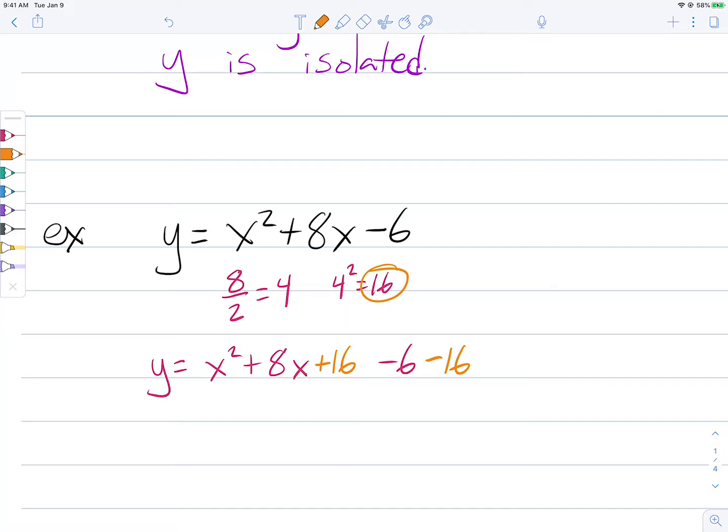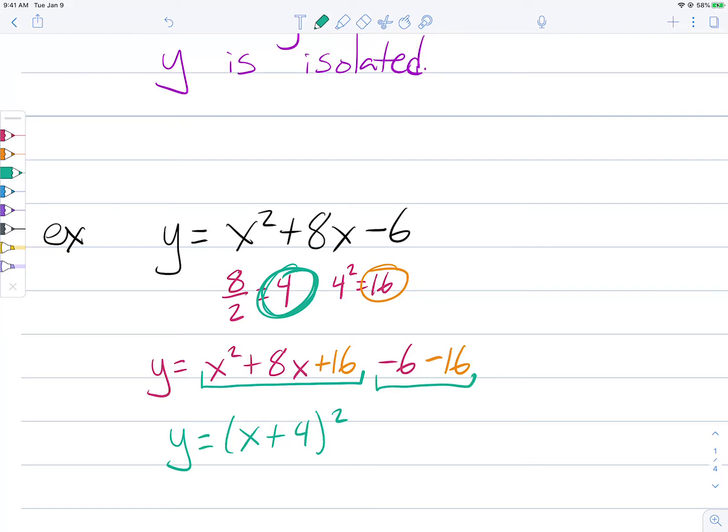But what this allows us to do, for step 3, is factor that first part. Remember that this answer right here is actually going to be within our trinomial square, so that's where our 4 comes from. And if we then simplify the last 2, minus 6 minus 16 is minus 22.